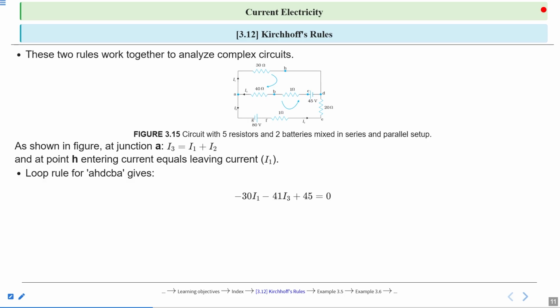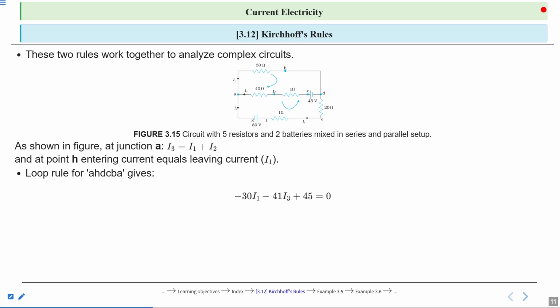The positive terminal is connected to C point and the negative terminal connected to D point. So direction of current from the battery should be D to C, or we can say C to B. So you can see the direction of I3.